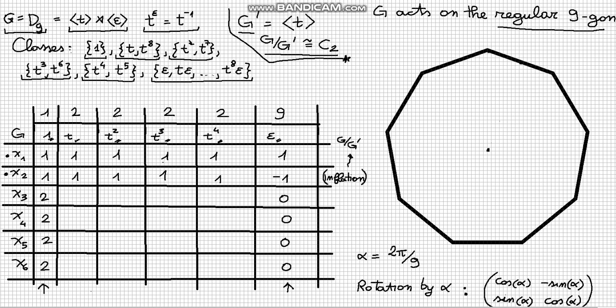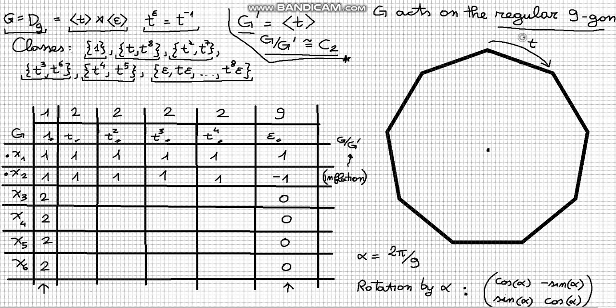To do this, consider the geometrical aspect of the problem. You can imagine that you have a regular 9-gon, and what you do when you think about the dihedral group is the following: T is just this rotation.